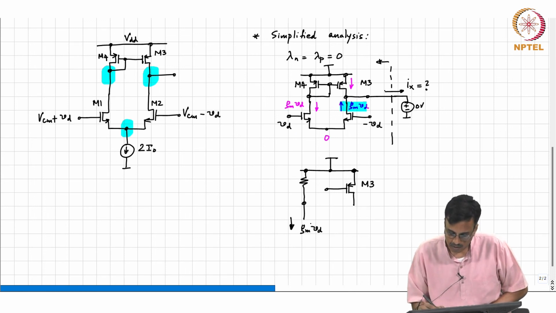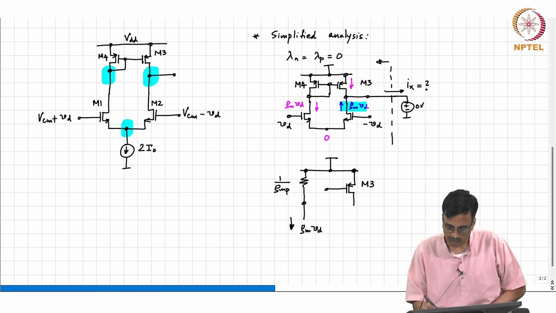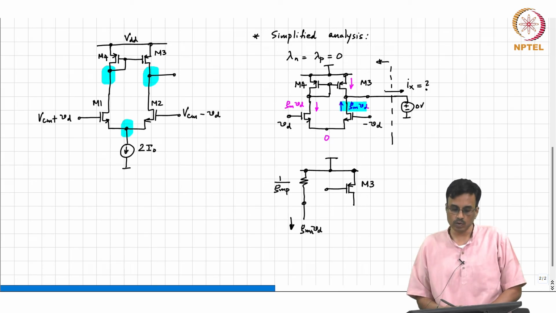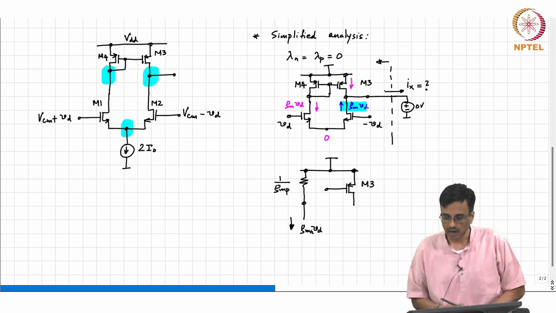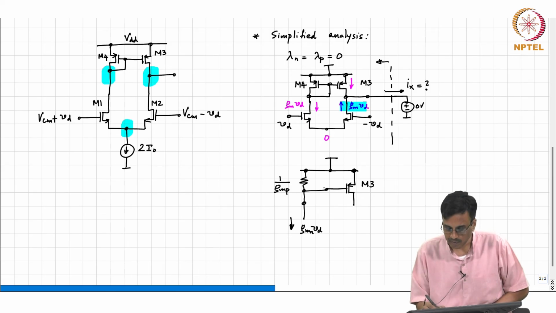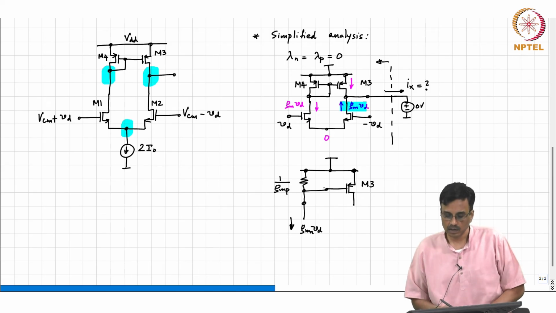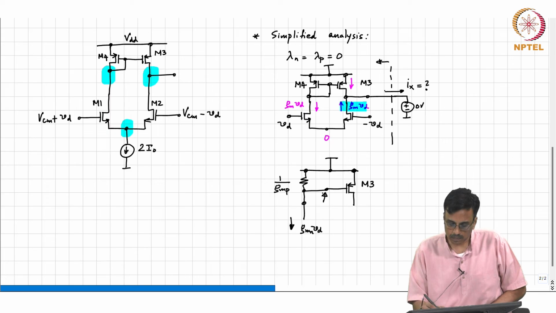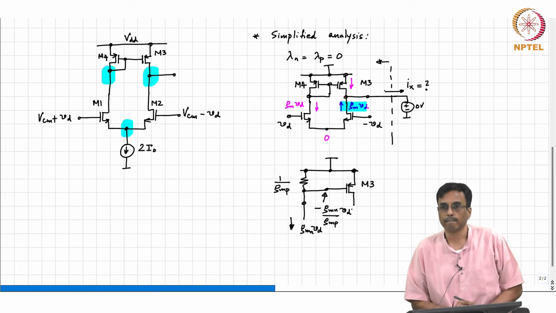So this is 1 by Gm P, all right, and let us call this Gm N just so that we separate the two, all right, and this voltage is connected there. Okay. So what is this voltage therefore? Minus Gm N by Gm P times Vd. Okay.